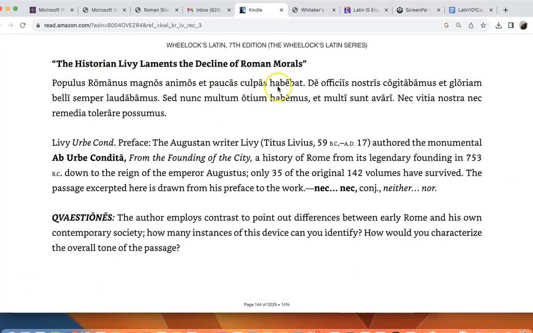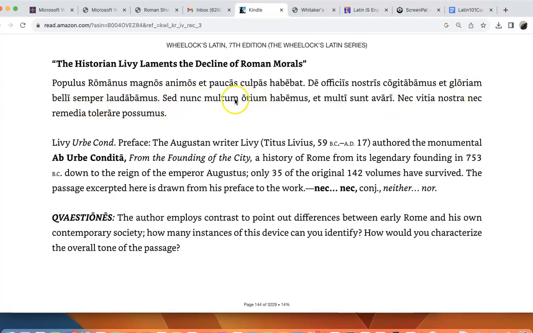So the Roman people had great spirits and few faults. They were thinking about our duties, and they were always praising the glory of war.